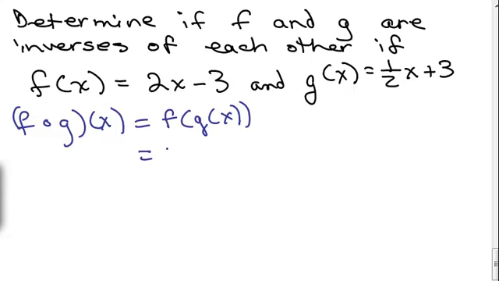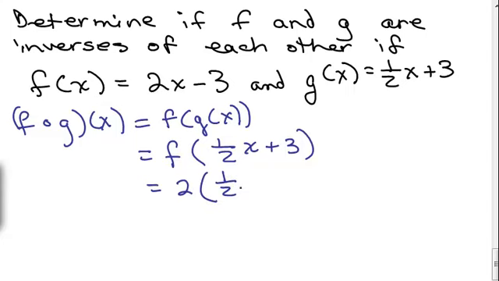So let's put in what g of x is. G of x is 1/2 x plus 3. So we're going to replace g of x with 1/2 x plus 3. And now I have to plug in 1/2 x plus 3 into x in the f of x function. So that's 2 times x. But in this case, what am I replacing that x with? 1/2 x plus 3.